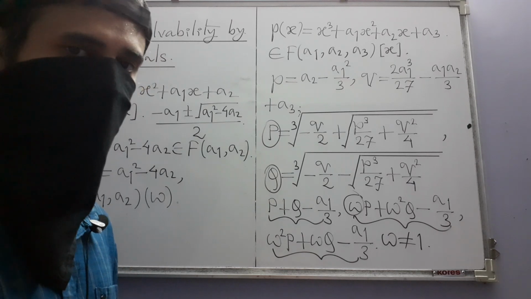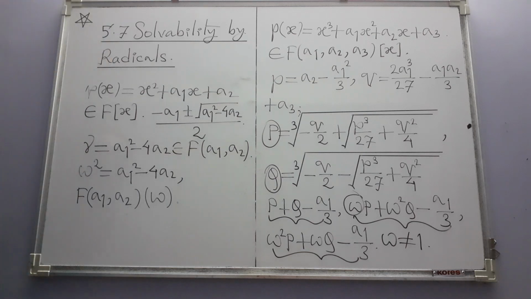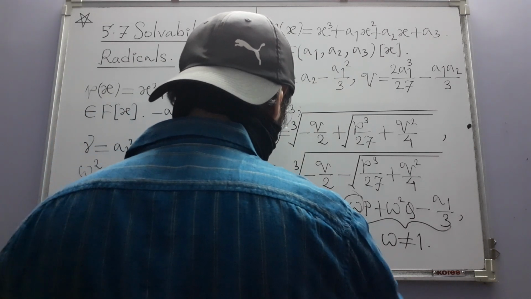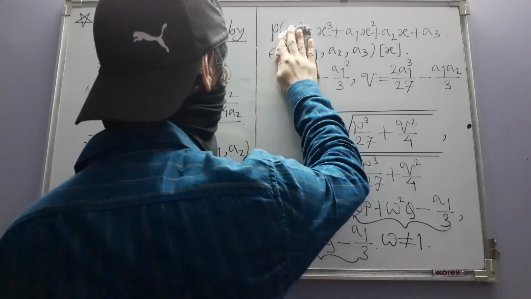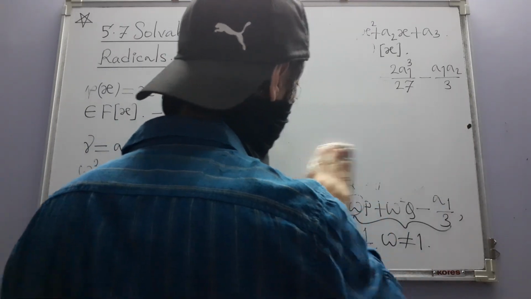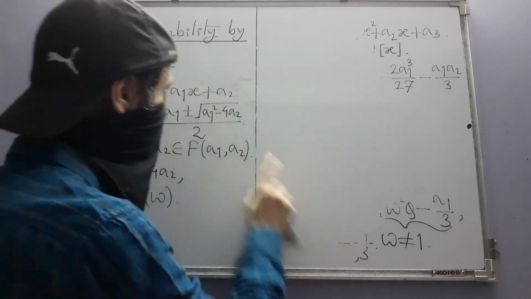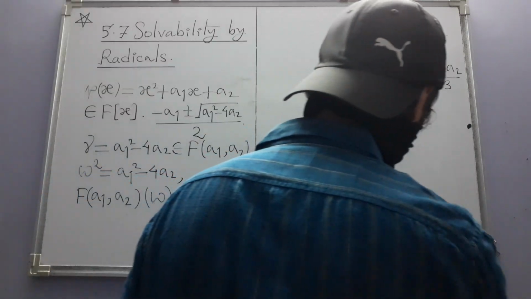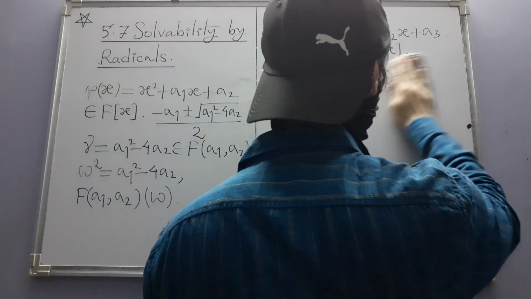How do you express this mathematically? So that is the next idea we are coming to. In other words, when do we say that a polynomial is solvable by radicals? What is the meaning of that?